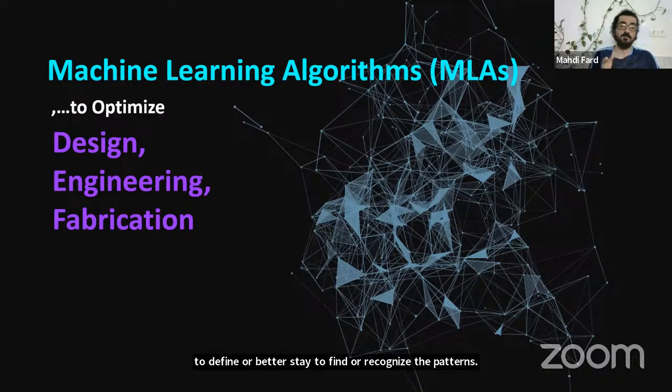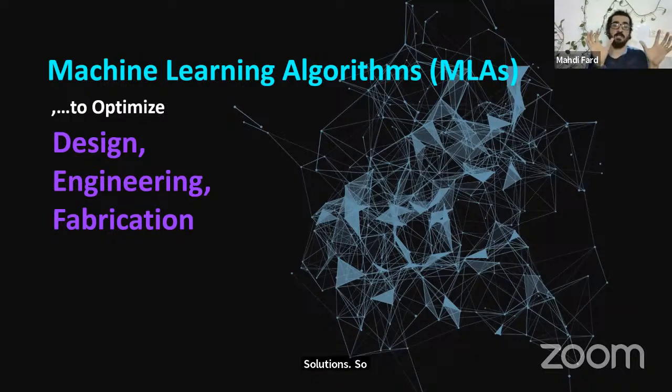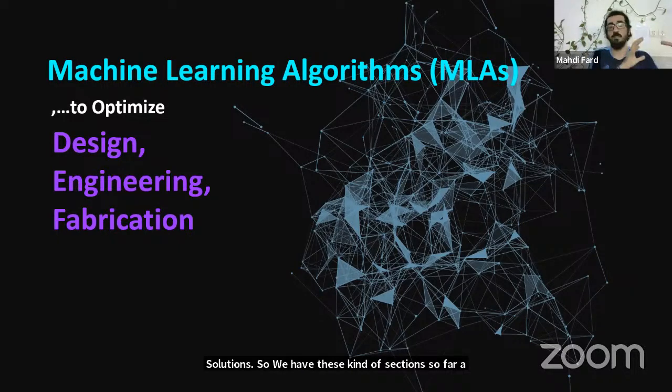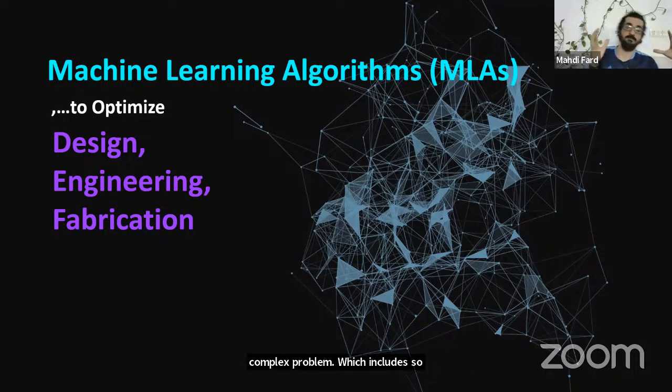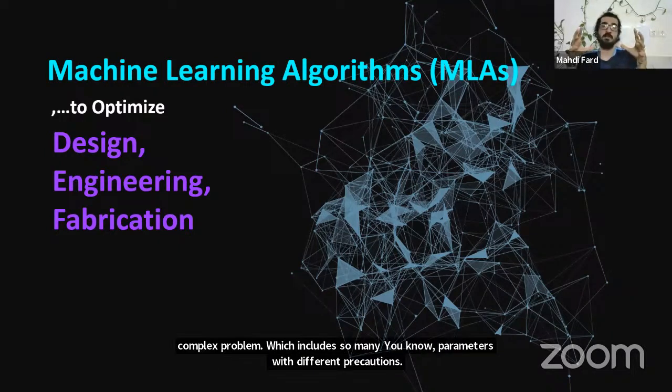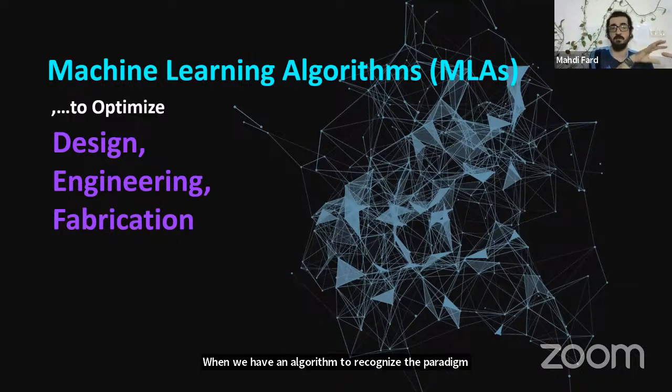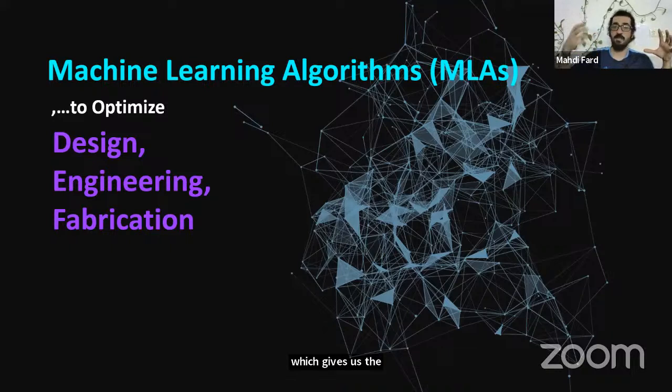So we have these sections so far: a complex problem, which includes many parameters with different proportions; an algorithm to recognize the paradigms inside those parameters; and an output which gives us the chance to make an informed decision.